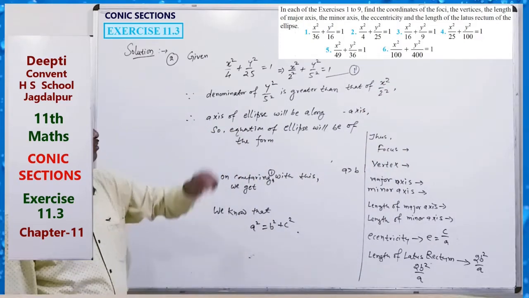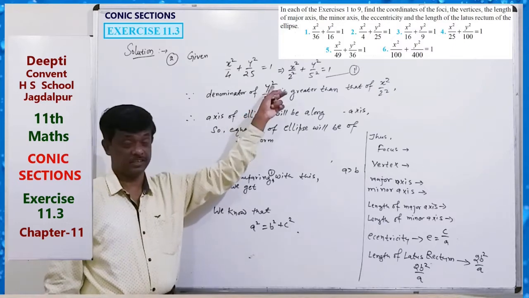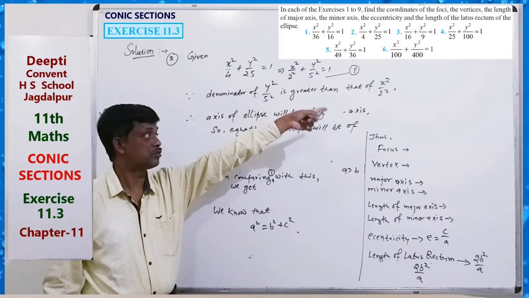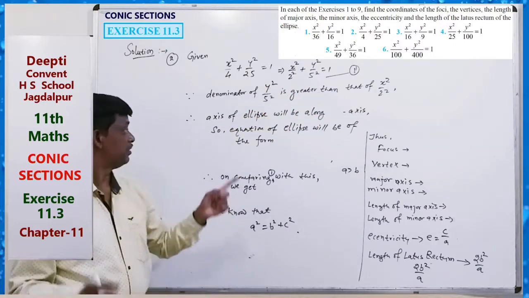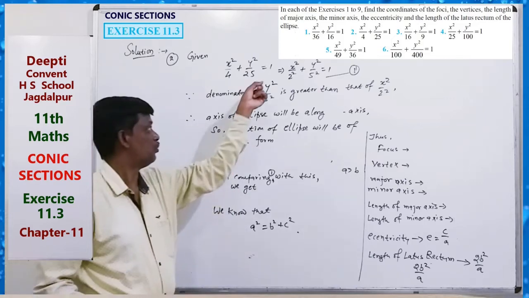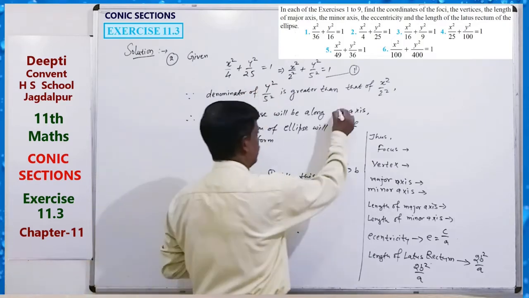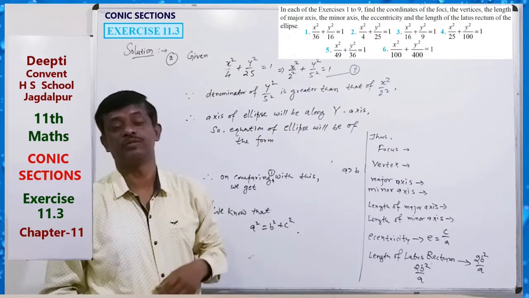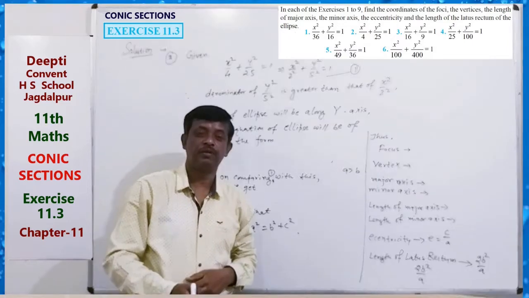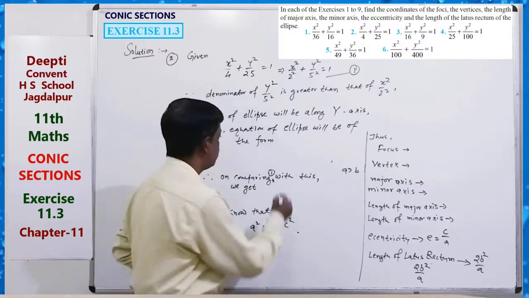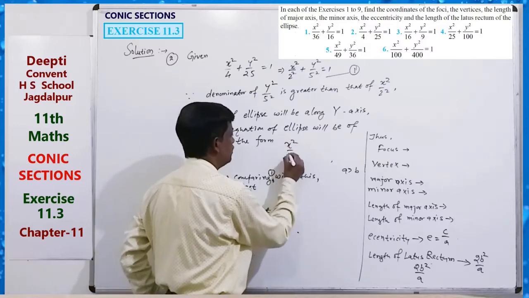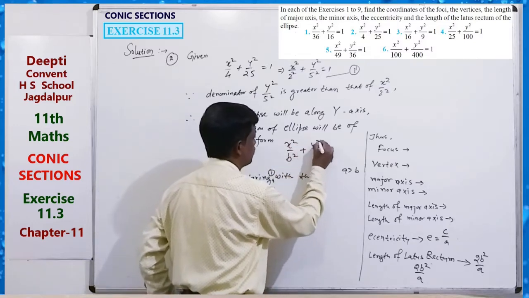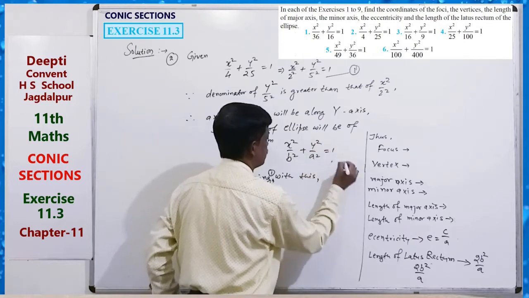Therefore, the axis will be along y-axis. So the equation of the ellipse will be of the vertical ellipse form. That is x square by b square and y square by a square equals to 1, a greater than b.